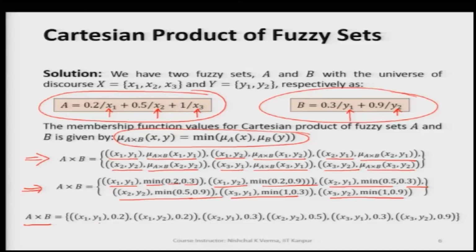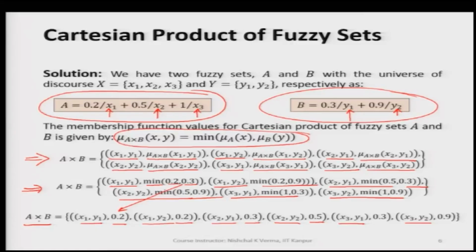For x1 y1 we have 0.2, because if we take the min of 0.2 and 0.3 we get 0.2. Similarly, for x1 y2 we get 0.2, for x2 y1 we get 0.3, for x2 y2 we get 0.5, for x3 y1 we get 0.3, and for x3 y2 we get 0.9 as the associated membership values.